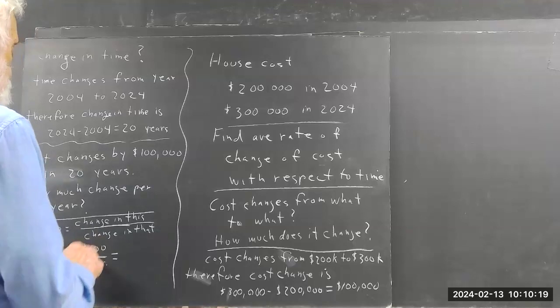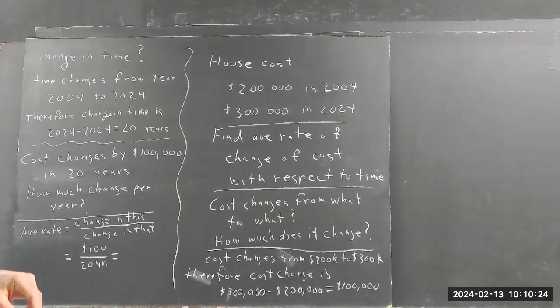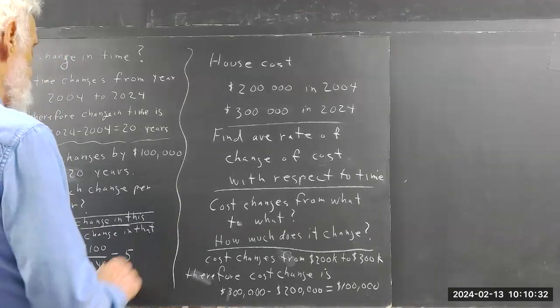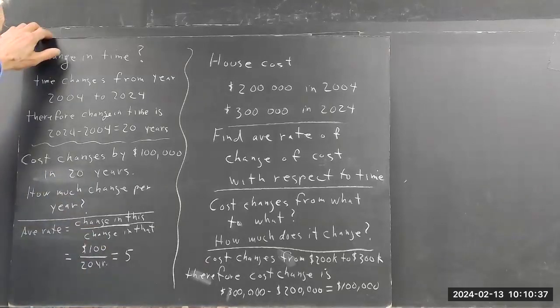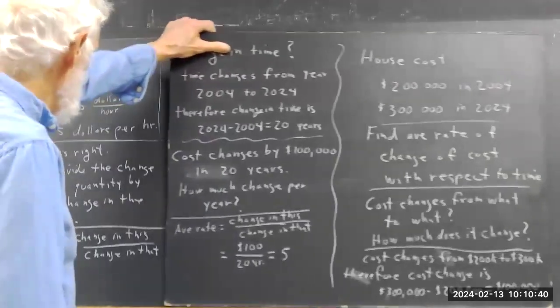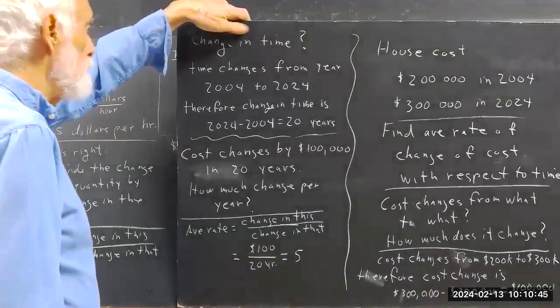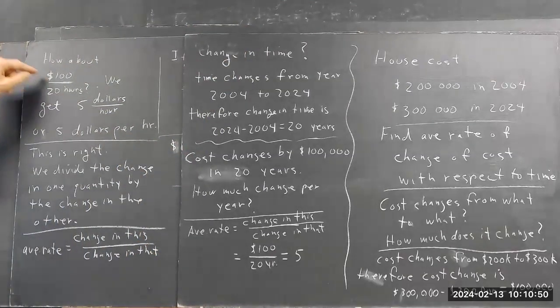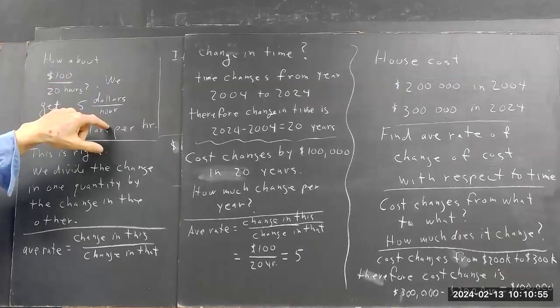And then 100 divided by 20, can you tell me what 100 divided by 20 is with your fingers? Yeah. Immediately, no hesitation, you're going to get 5. And then what are you going to get for the units? Remember that here. Let me write it down. Well, I wrote it down here. $100 divided by 20 hours gave us $5 over hour, right?